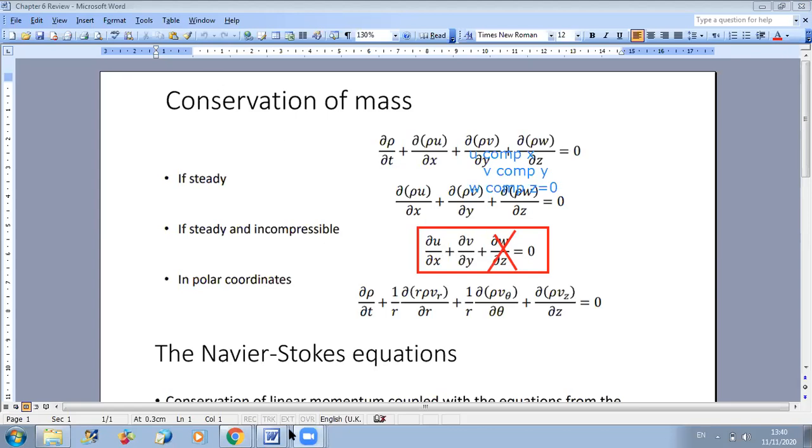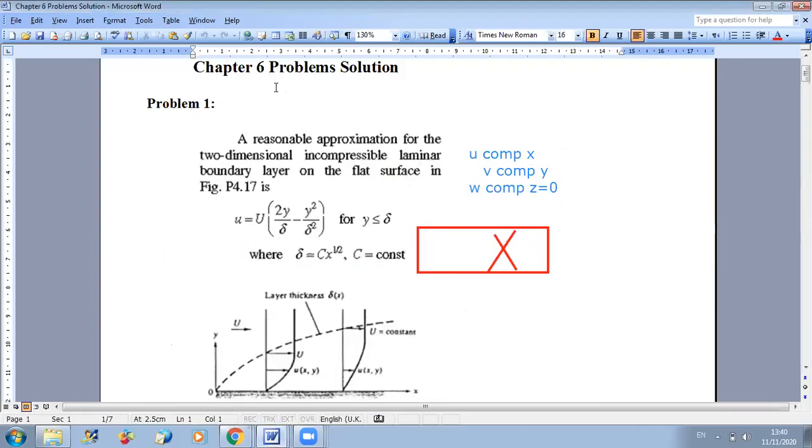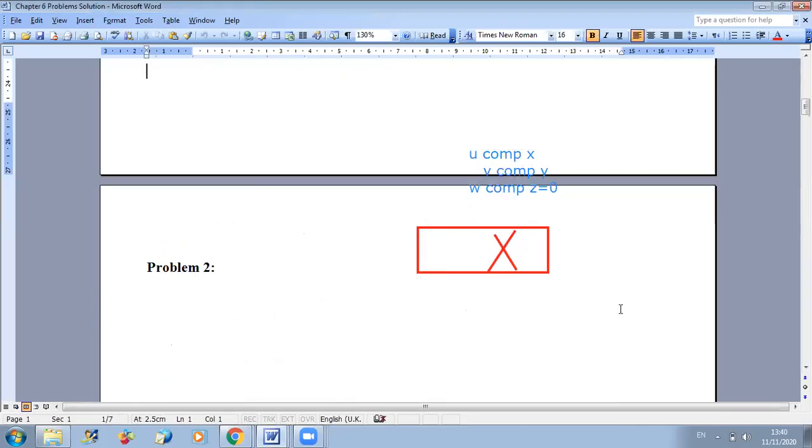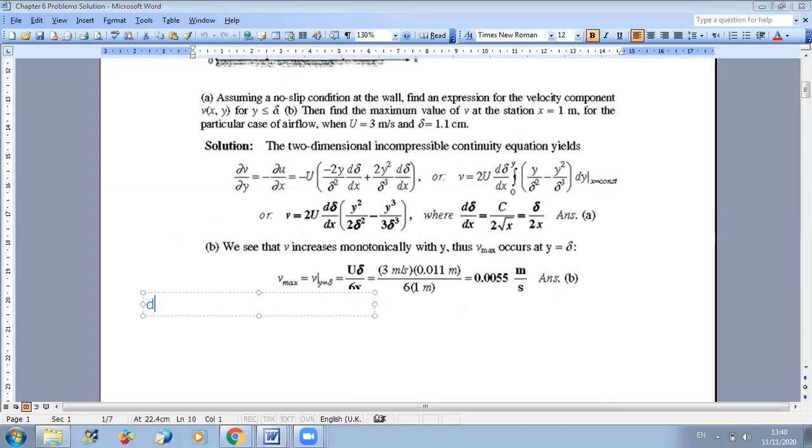So if I go back to my problem, I will just write my condition, okay? So my condition is, I write it here. The condition is del u by del x plus del v by del y equals 0.